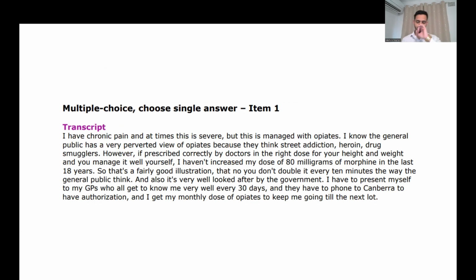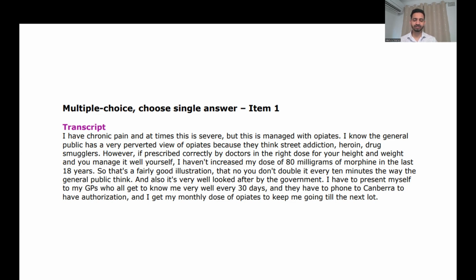I'm going to read it out to you, and we'll see if those options make sense based on the transcription. So, I have chronic pain, and at times this is severe, but this is managed with opiates. I know the general public has a very perverted view of opiates because they think street addiction, heroin, drug smugglers.